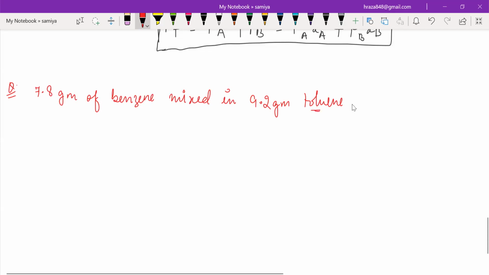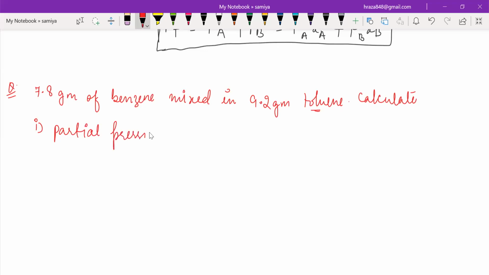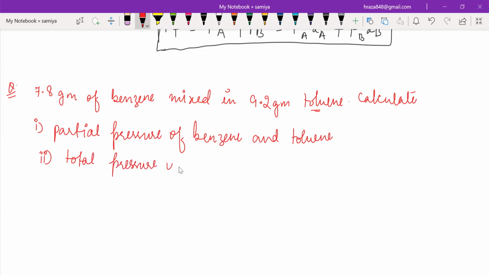Calculate the partial pressure of benzene and toluene. Also the total pressure of the solution.